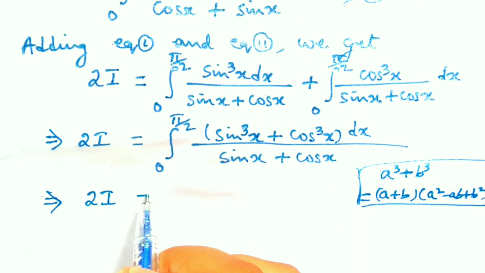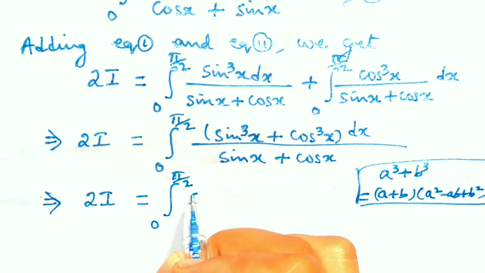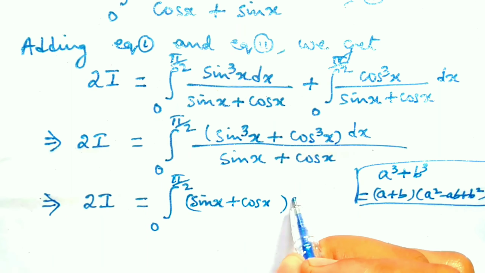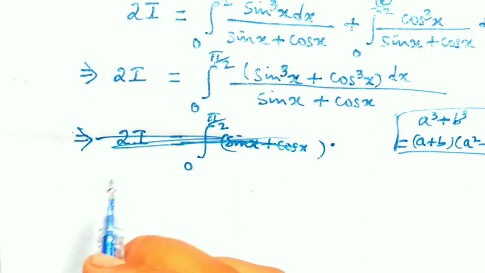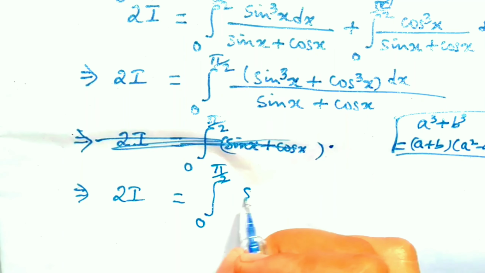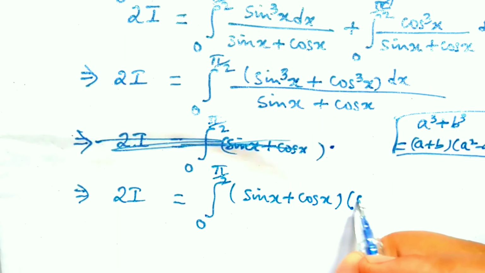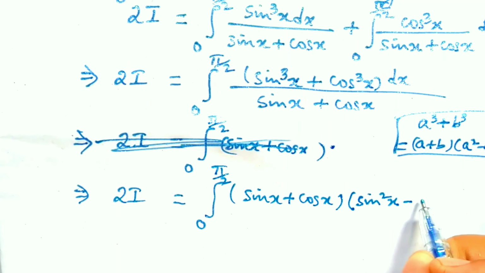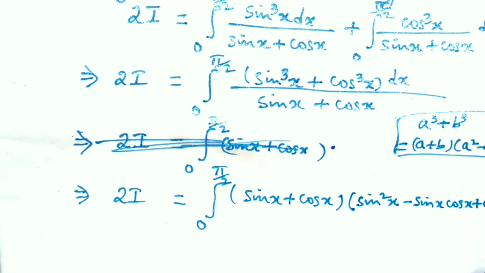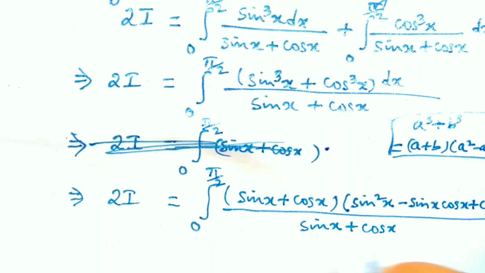This implies 2I is equal to integration from 0 to pi by 2 (sin x plus cos x) times (sin square x minus sin x cos x plus cos square x) dx divided by (sin x plus cos x).